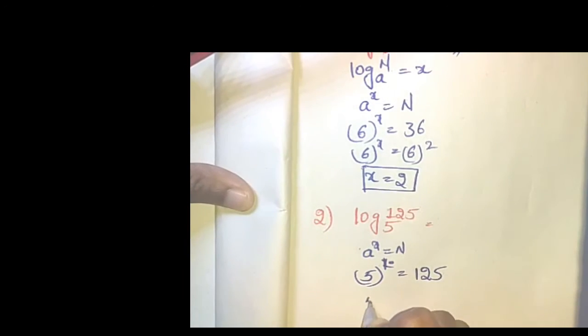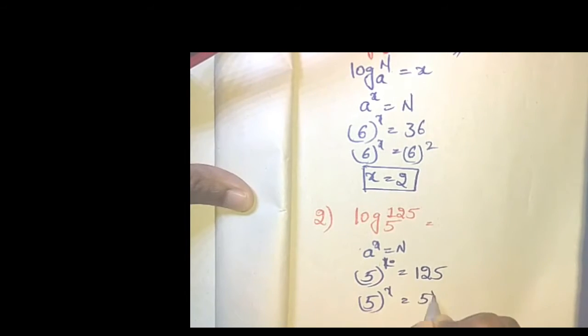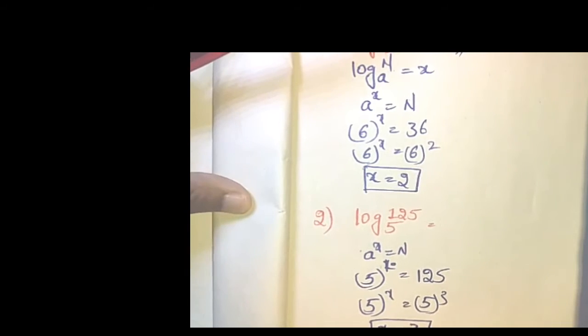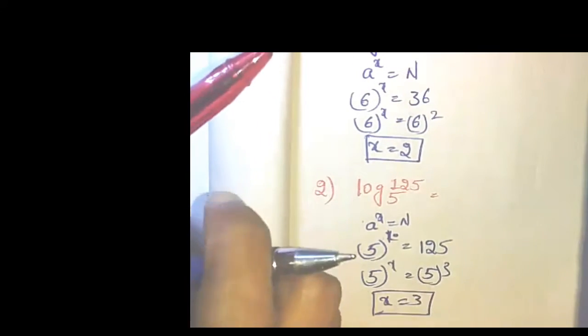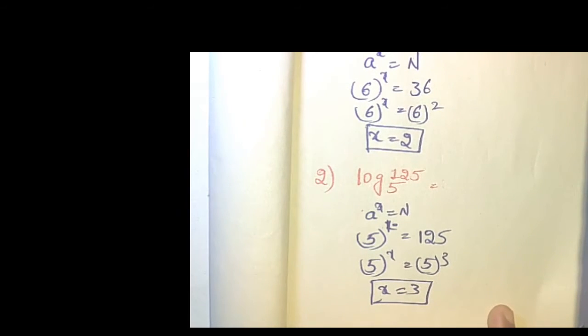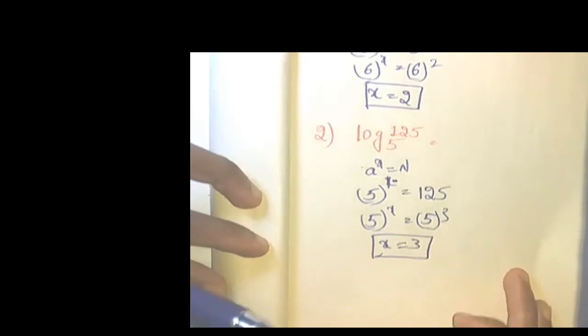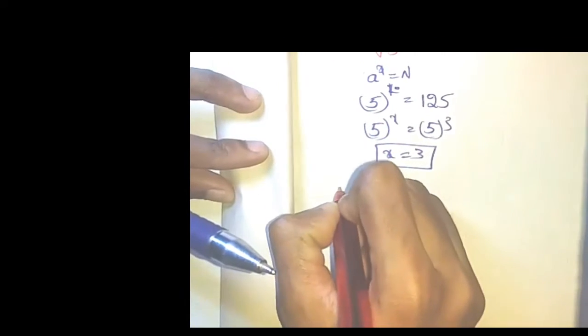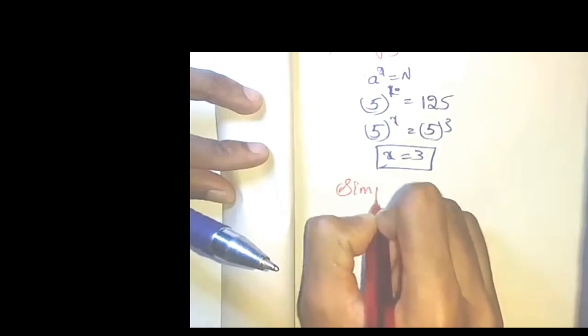Now 5 power x is equal to 5 cube, hence answer is x is equal to 3. This is your answer. So by this we got two methods, that is converting logarithmic to exponential and exponential to logarithmic function. Now let us see some simple laws for logarithms.